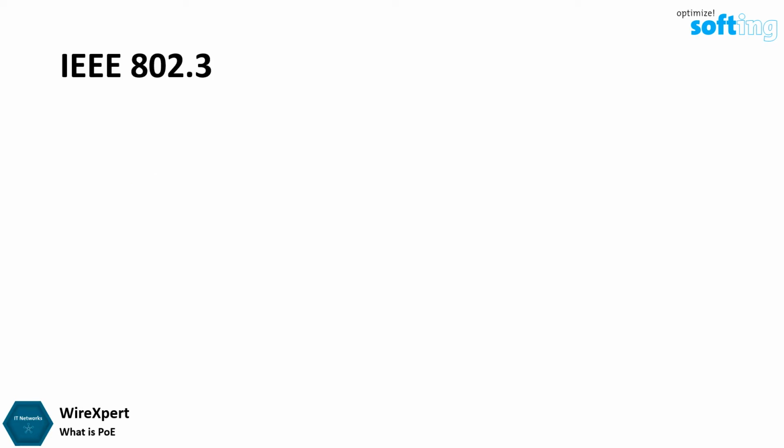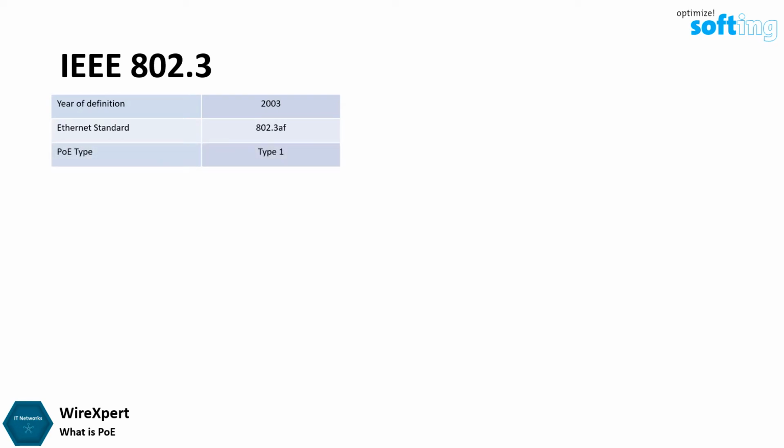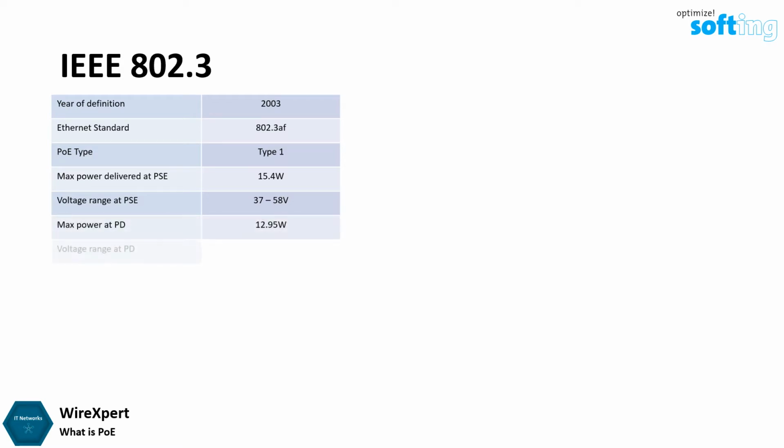As defined by the IEEE 802.3 standards, there are 4 types of PoE. Defined in 2003, the IEEE 802.3 AF standard, or Type 1 PoE, states that the maximum power allowed from the power source equipment is 15.4 watts at 37 to 58 volts, and the maximum power arriving at the power device is 13 watts after loss at 44 to 57 volts.